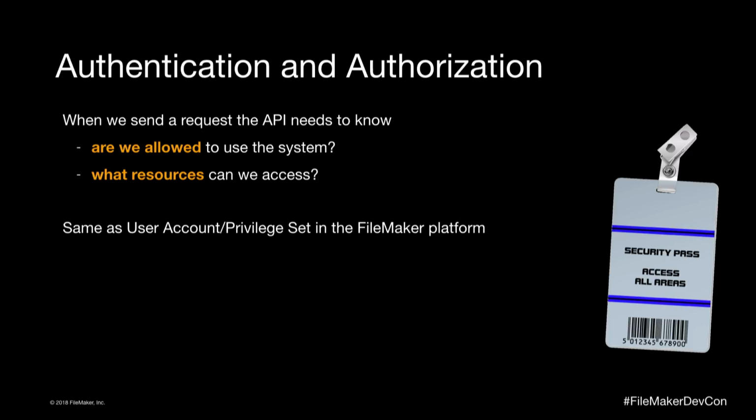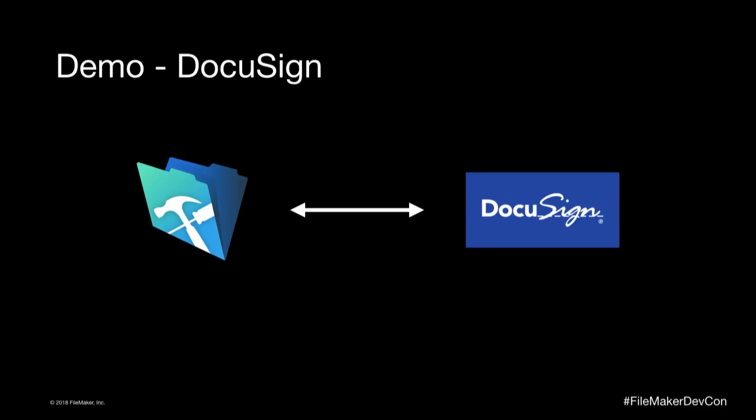Some are simple, some are just a token, like the JOT form that we saw before. Some are, at this stage, impossible to do only in FileMaker. And we're going to see an example of them, which is DocuSign. Okay? So DocuSign uses an authentication called OAuth2 using JWT, JSON Web Token.